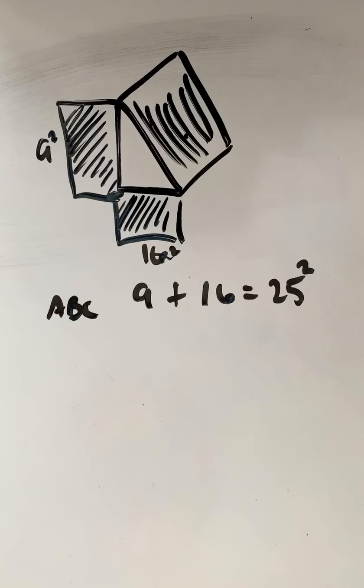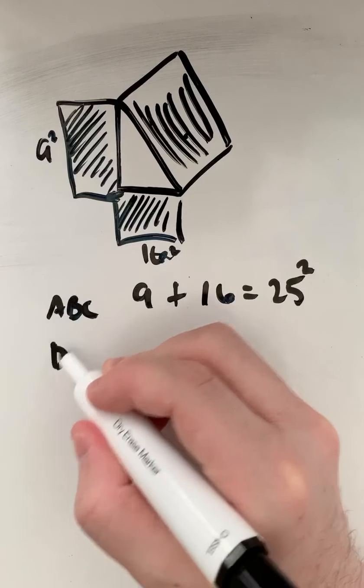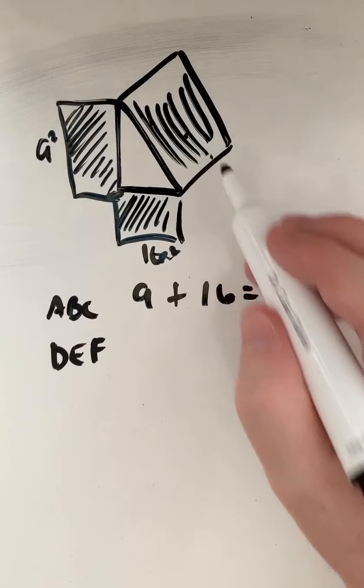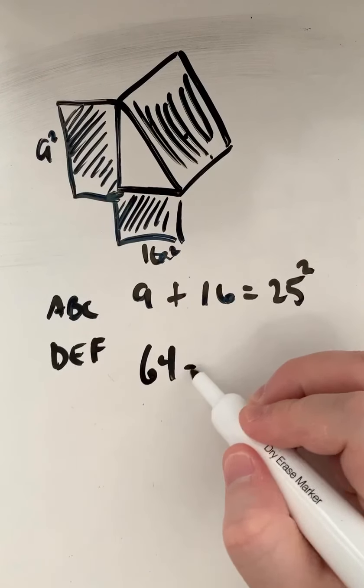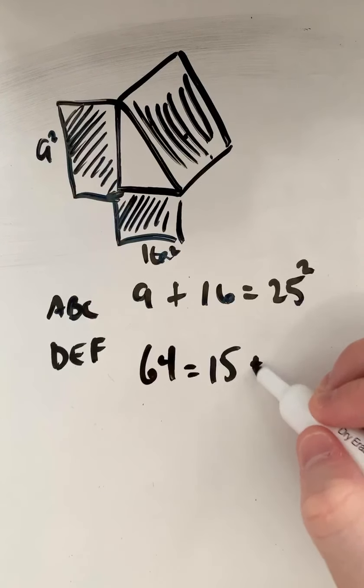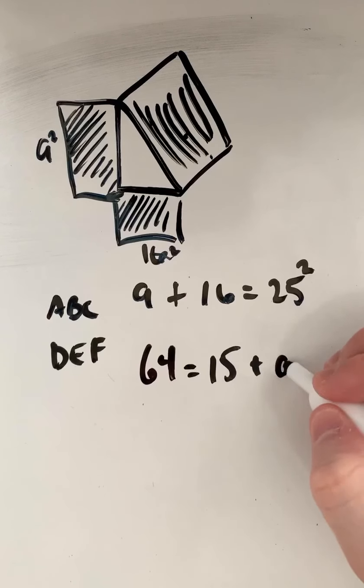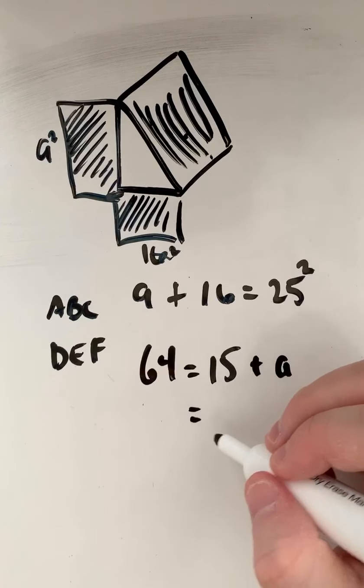So the first one would be 25 squared, right? If you were given the second one, DEF, says that the hypotenuse is 64, and then it gives you 15, and it gives you plus something, right? You do the same process.